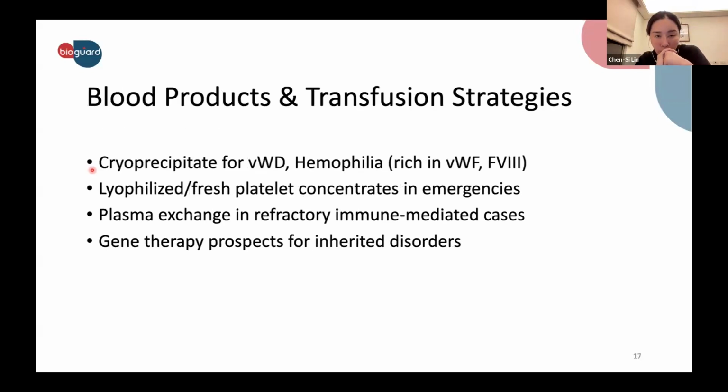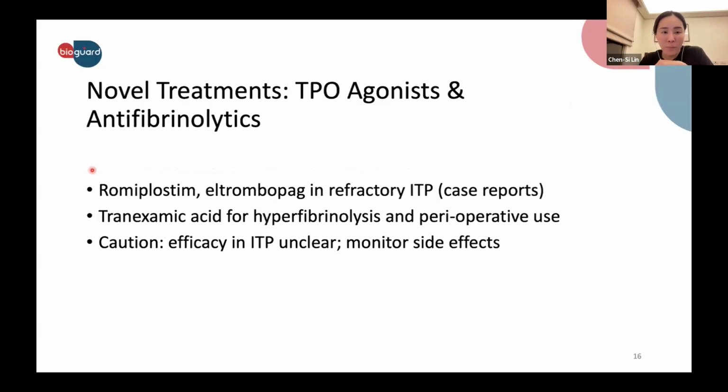Okay, after we know about the diagnostic tools, we can move on to some specific treatments. After we diagnose the hemostatic problems, we can use specific treatments.